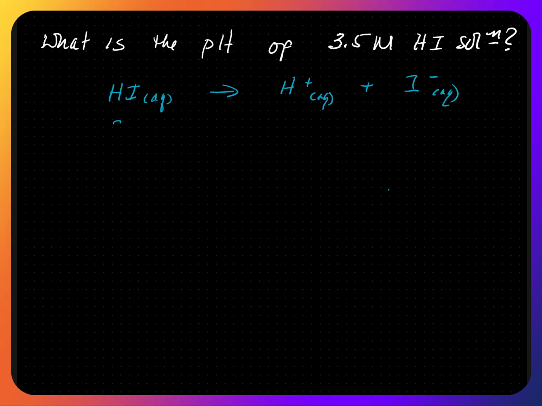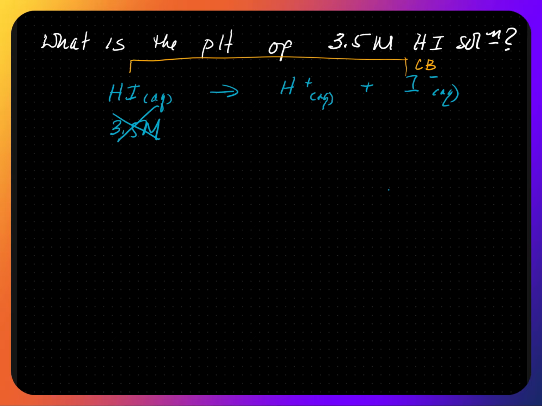So we start with 3.5 molar solution. Since HI is a very strong acid, as the reaction proceeds to an end, there will be no more HI present. Only thing present is the H plus ion and the I minus ion, which is its conjugate base, because I minus and HI differ by 1 hydrogen.